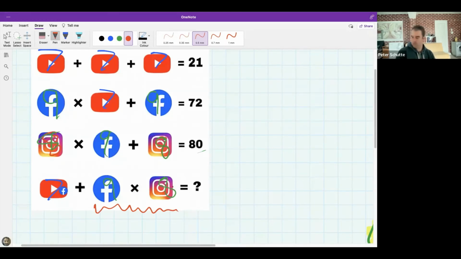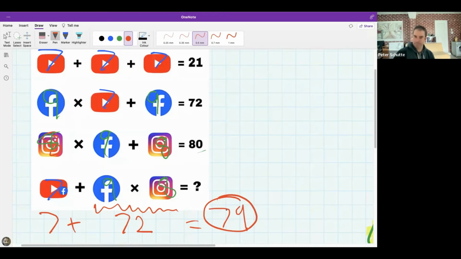I'll wait a moment or two more. So 9 times 8 is 72, but I still need to worry about that bit over there, which means, and I see it in the chat now, the final answer is 79.